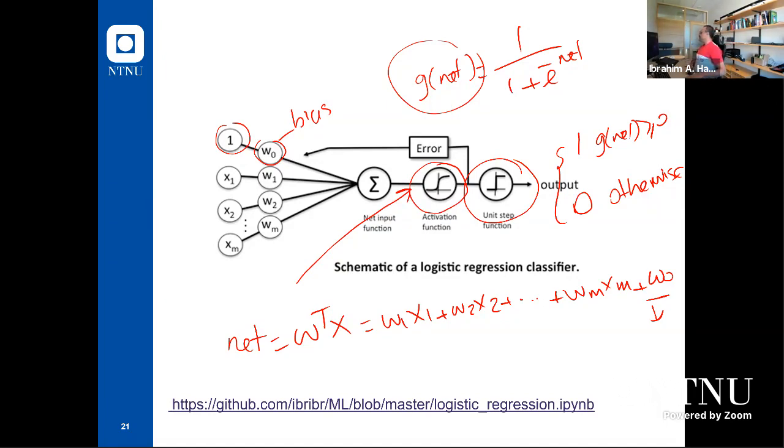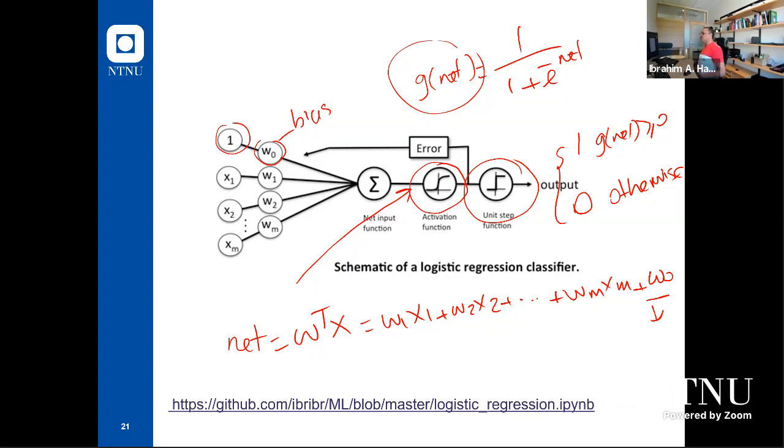Any questions? I can see some comments. Yes, you can use it, but we will not call it a perceptron. Perceptron is a historical name, in fact.